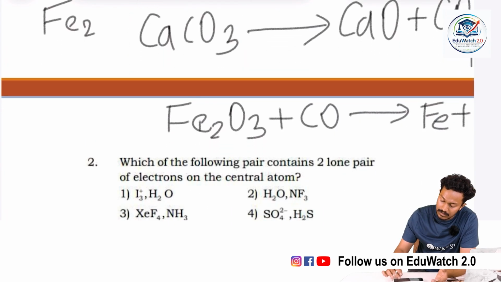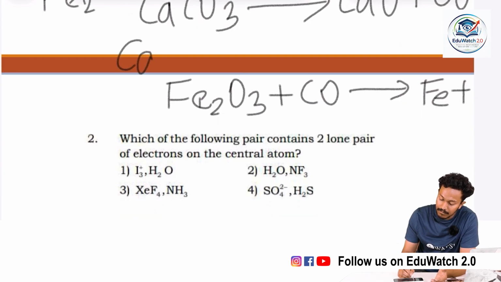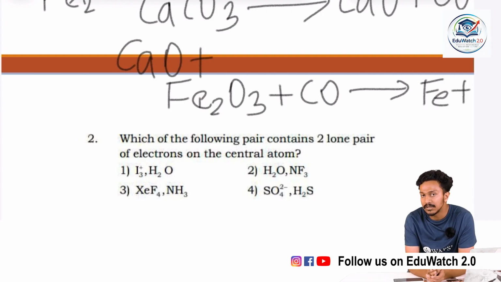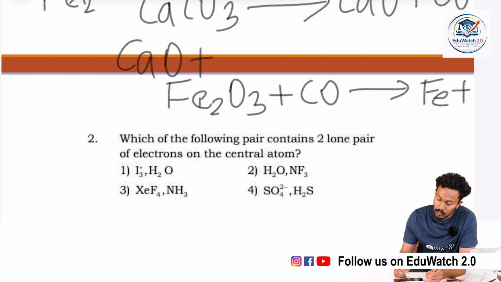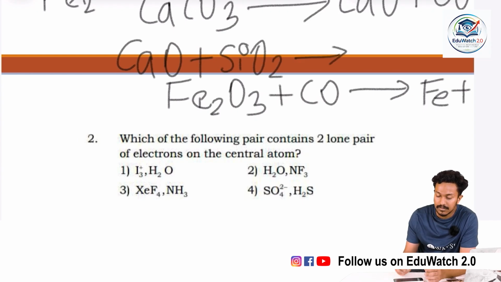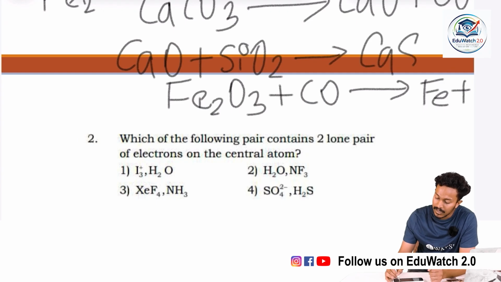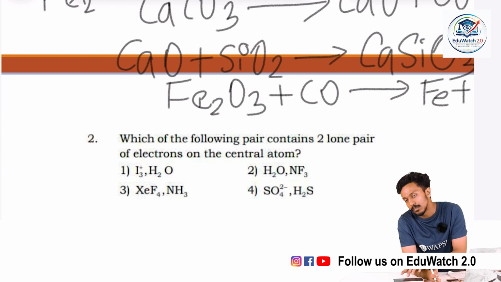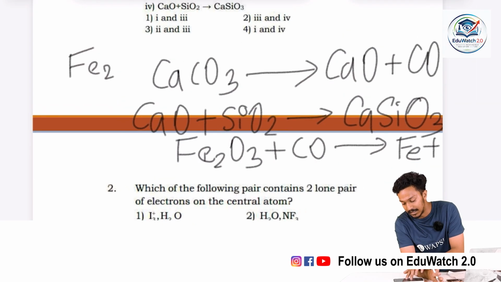This calcium oxide is then treated with the excess slag or the impurities in the blast furnace, which is silicon dioxide, to form CaSiO3 in a molten state. This molten slag is separated from the blast furnace and the pure iron is extracted.